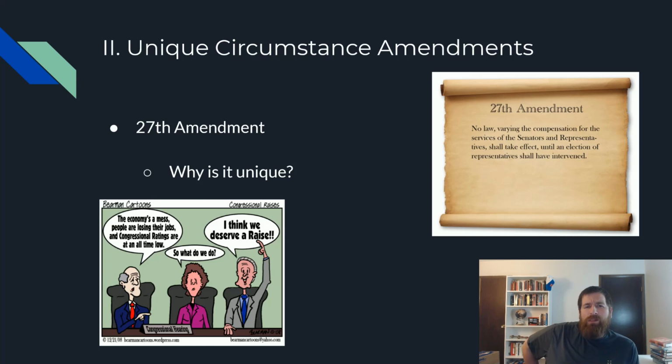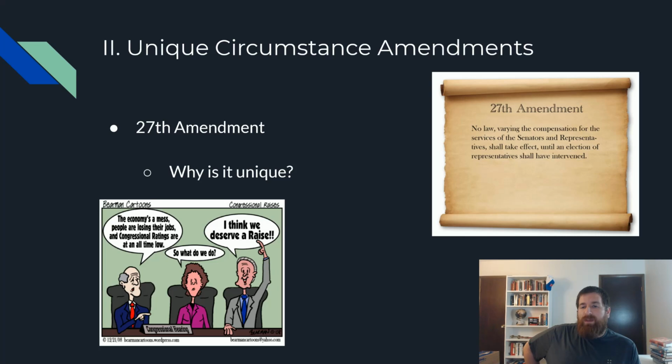This amendment was unique because it took over 200 years to pass. This amendment was actually included in the original package of amendments that were proposed for the Bill of Rights. So there were more than 10 amendments initially proposed. This was one of them. The only ones that passed were the 10 that we have talked about.